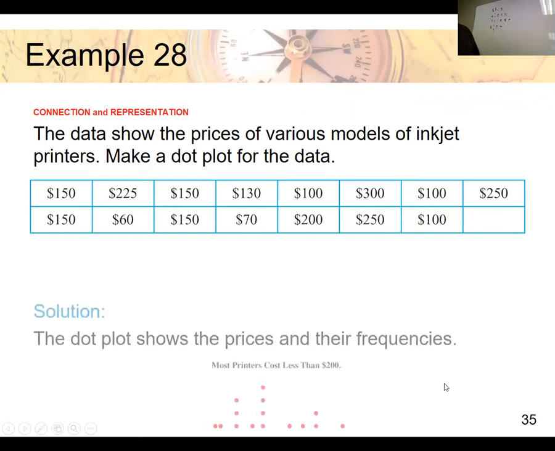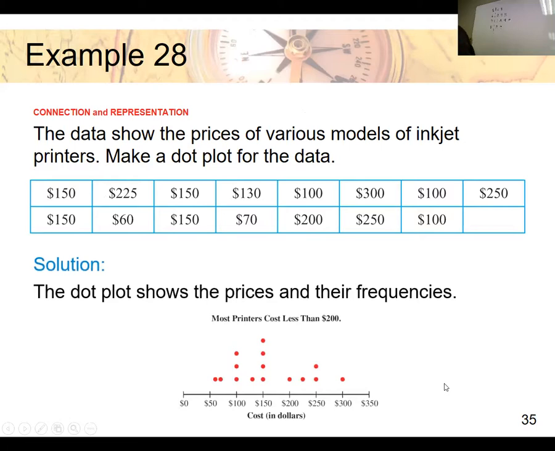On the next slide, here shows the prices and their frequencies. The horizontal line represents the cost in dollars. And of course, those dots represent each of the individual prices. And sometimes those dots also represent frequencies as well.